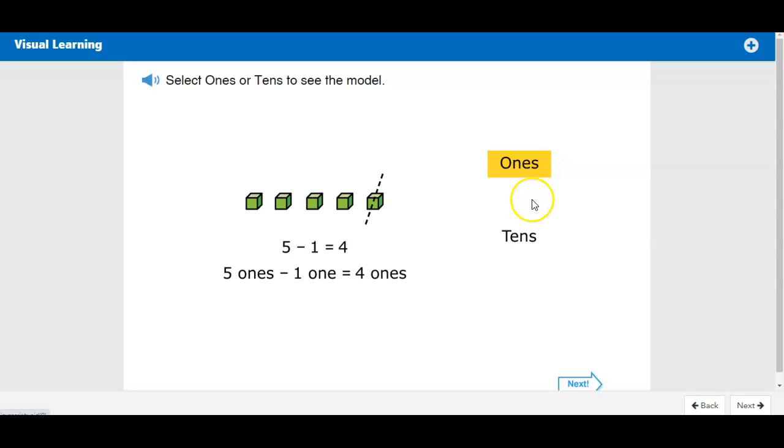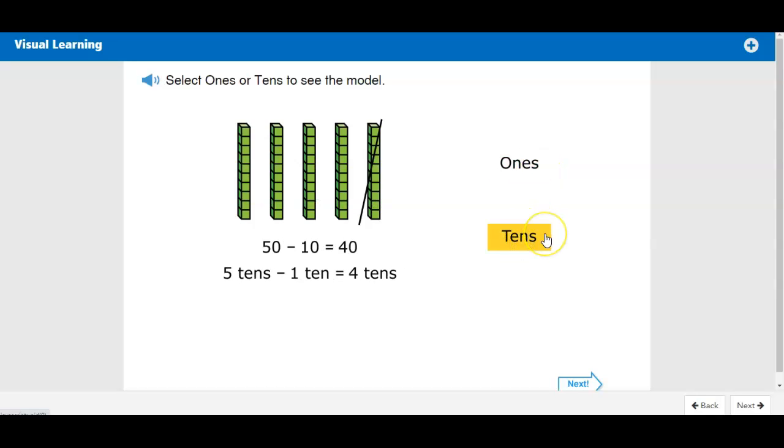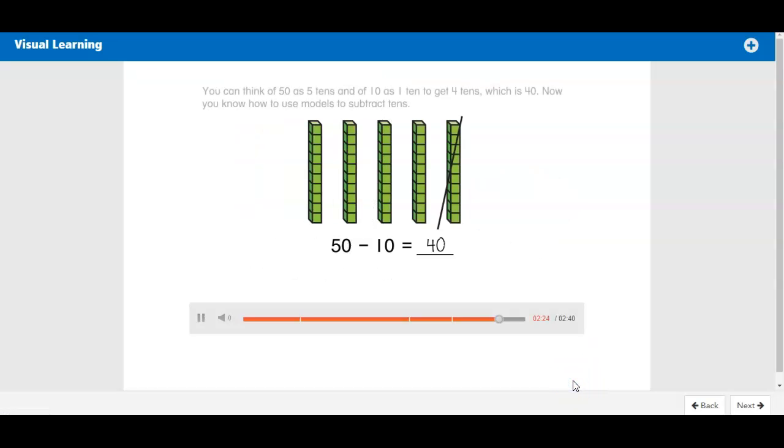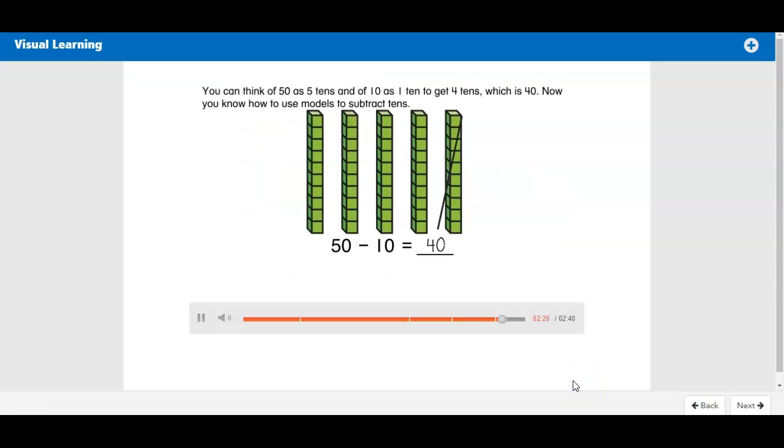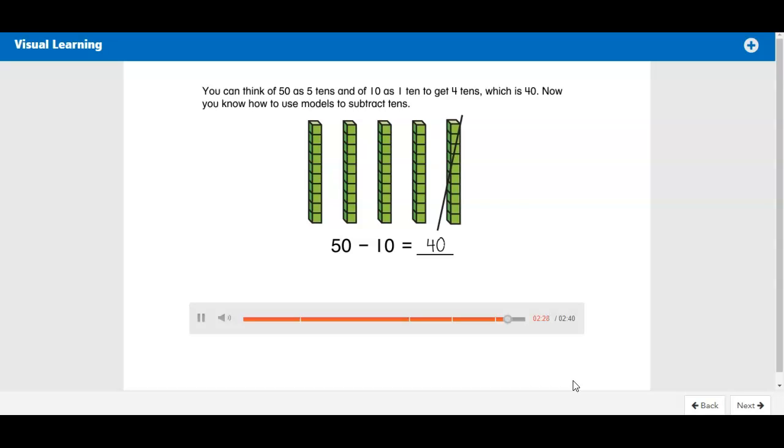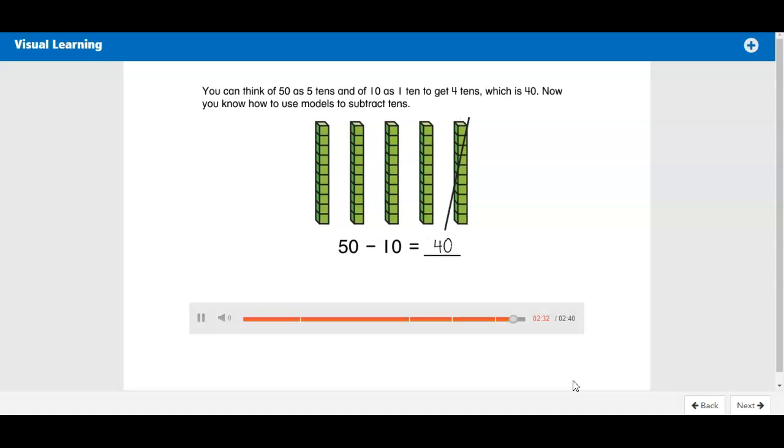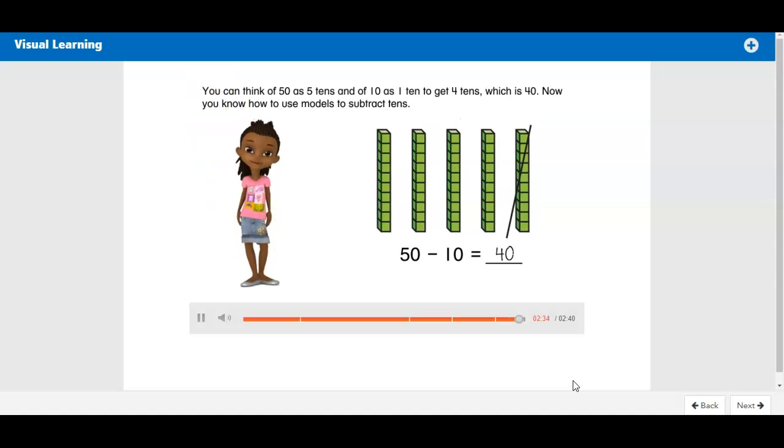Let's look at the tens model. 50 minus 10 equals 40. 5 tens minus 1 ten equals 4 tens. You can think of 50 as 5 tens and of 10 as 1 ten to get 4 tens, which is 40. Now you know how to use models to subtract tens. You are good at math.